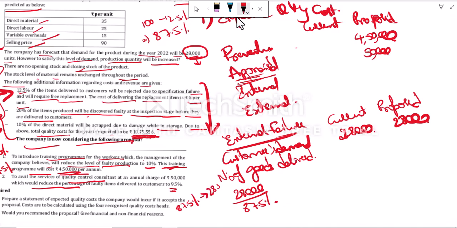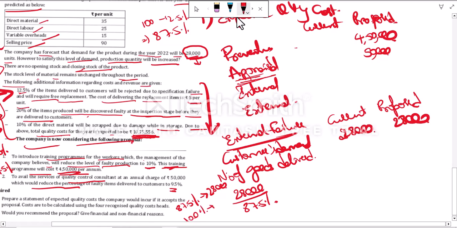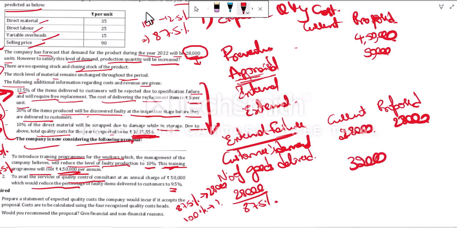This results in 28,000 goods. We have to find the 100% goods: 100 into 28,000 divided by 87.5, which is 28,000 divided by 87.5 into 100. So 32,000 goods are produced.